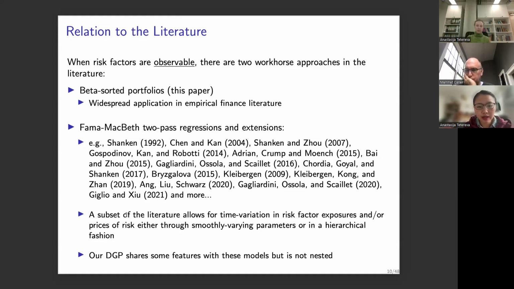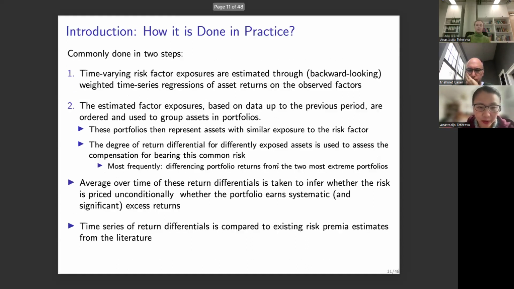And there is a subset of literature that allows for time-varying risk factors, as I mentioned. Our DGP shares some features with this model, but we are not nested in, for example, the paper by Olivia Scaillet. So we are not exactly nesting their framework. Okay, I will be clearer about the DGP.